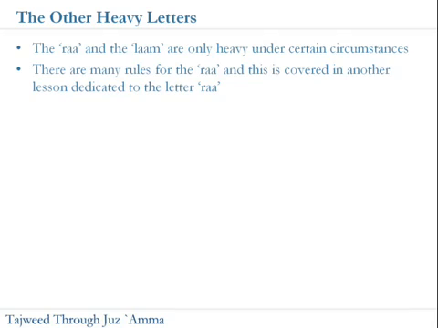It has about 15 rules which have to be learned, and those rules determine whether the Ra is light or heavy, and the pronunciation of the heavy Ra and the light Ra is not easy. So we're going to have a complete lesson dedicated to explaining this, and again this is something that is mastered with a teacher.